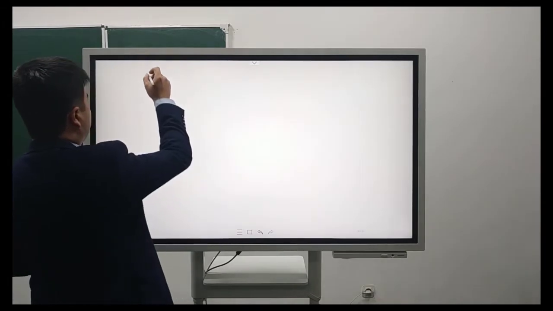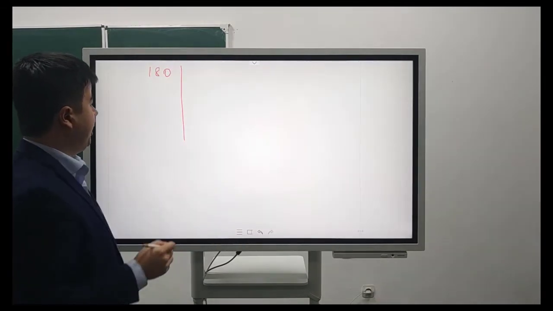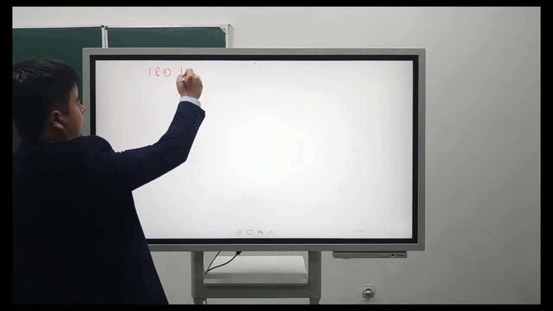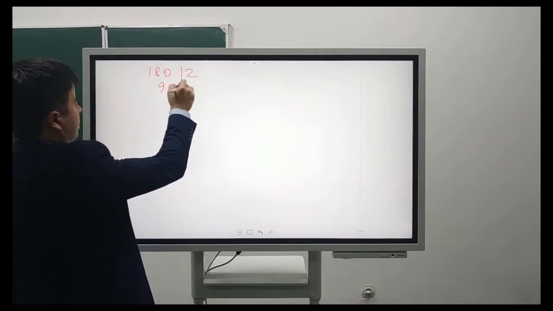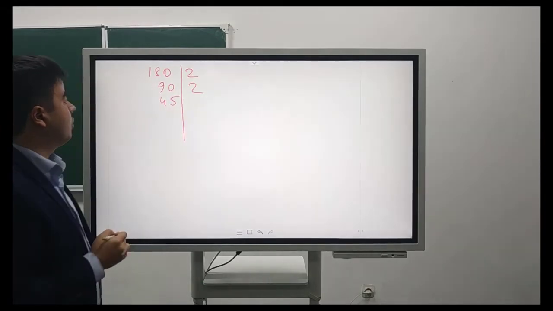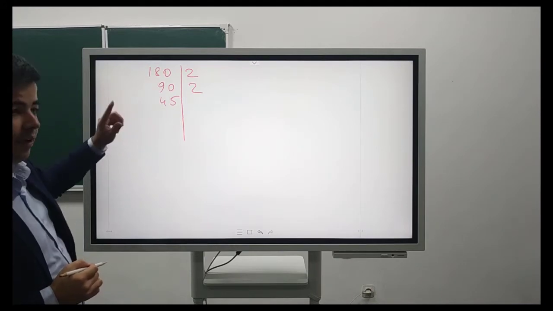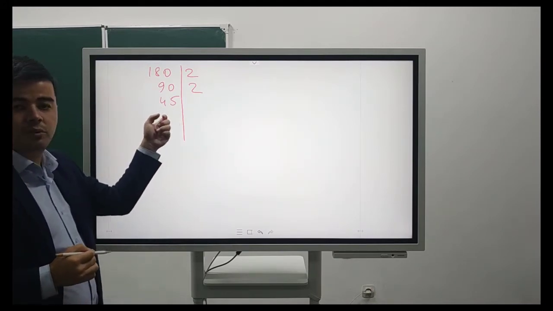So 180. Again, beginning with 2, it is 90. Again, 2, 45. Yes? So now look here. What do we need to divide by? Not 5, because 45 is divisible by 3.